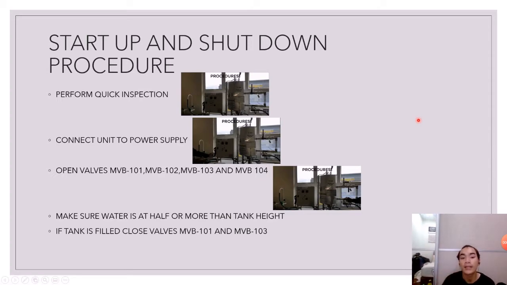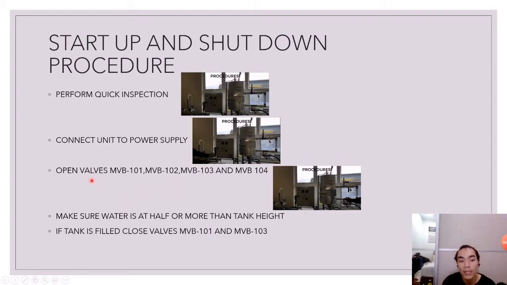To get a better look at the procedure, first we have to perform a quick inspection for the startup procedure, so that we can make sure that the apparatus is in good condition. Next we have to connect the unit to the power supply, or else how will this apparatus function.